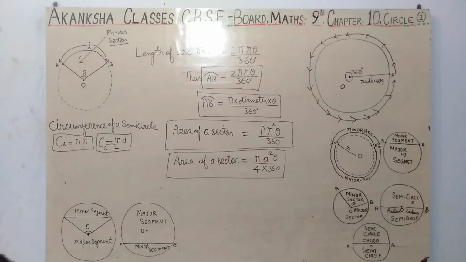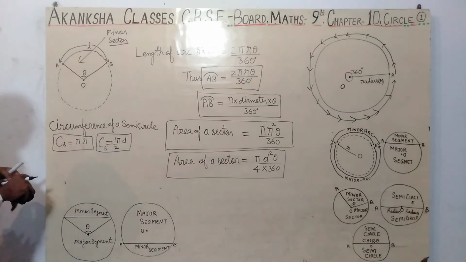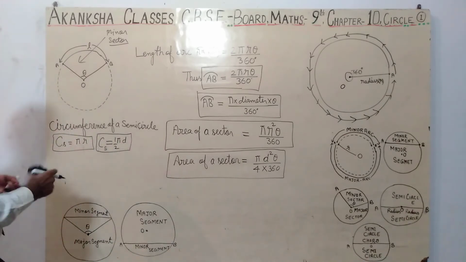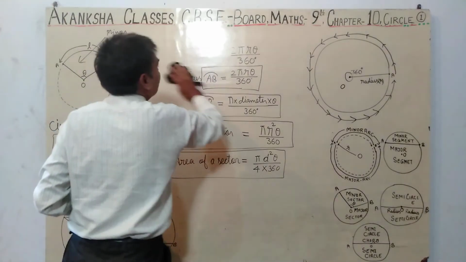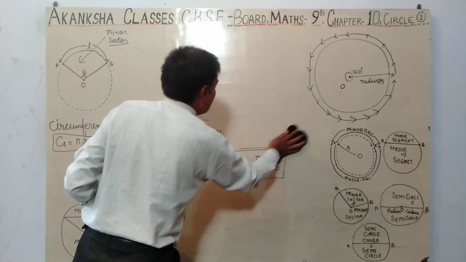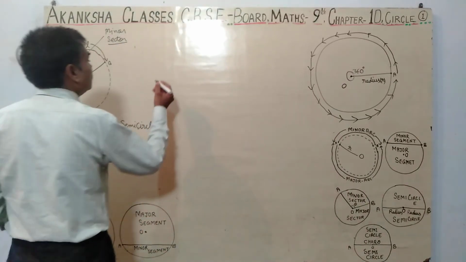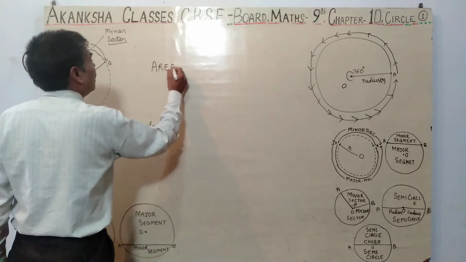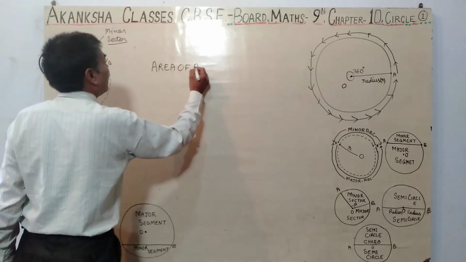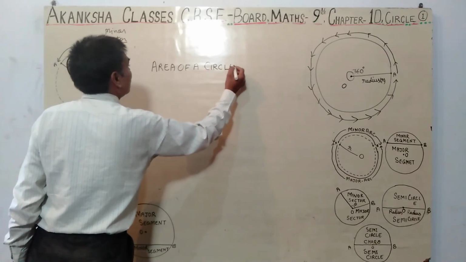Further, if we want to find area of a semicircle, can I raise it? Now area of a circle in terms of area of a circle.